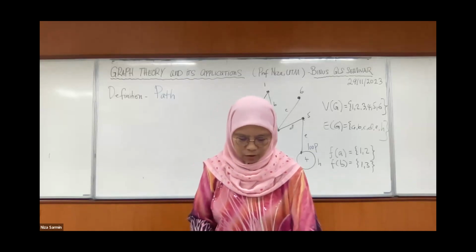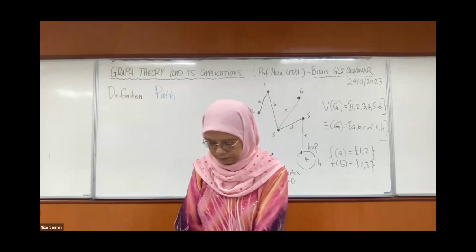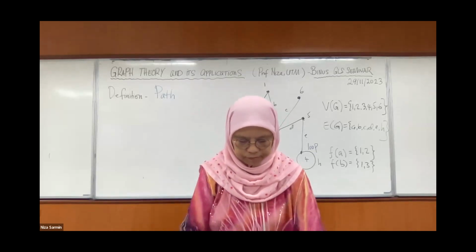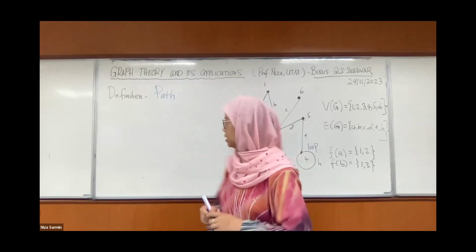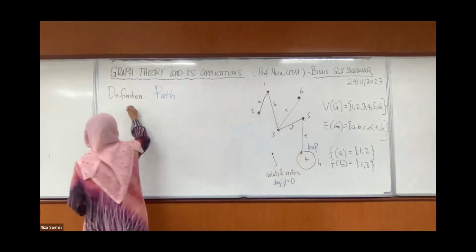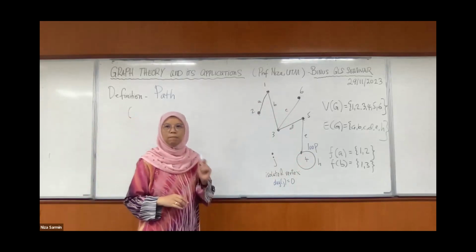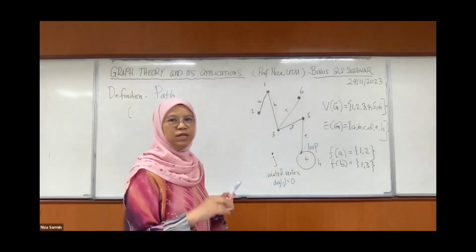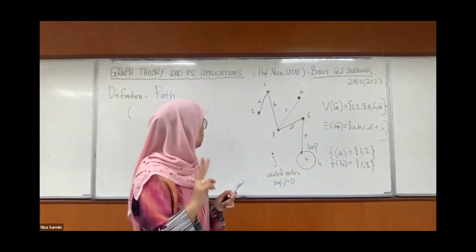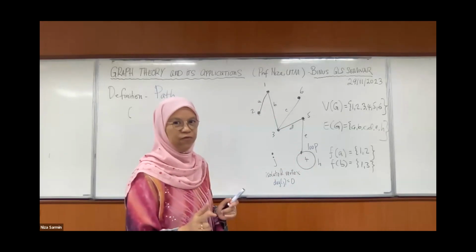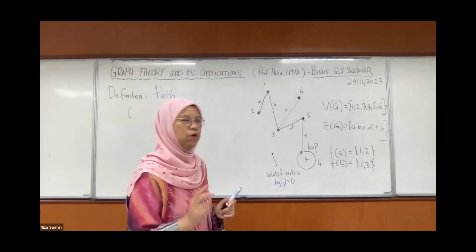Now we will write a path for some distance from one vertex to another. For example, let's say I want a path of distance 2 from 1 to 5.